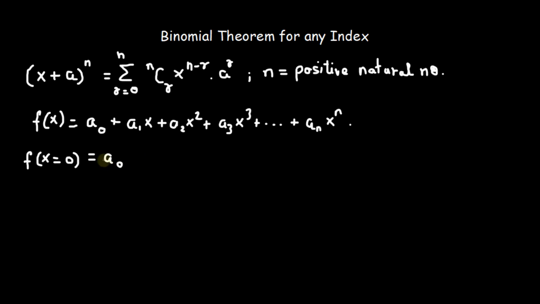Now we find the first derivative of the function f(x). That gives us f dash of x equals, the first term is a constant term, so the derivative will be 0.